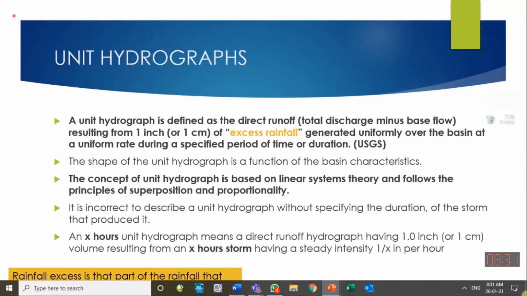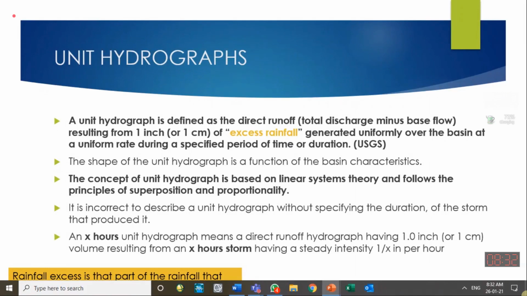This term effective rainfall is used by agriculture and irrigation people in another way. They say effective rainfall is that rainfall which occurs on the crop when the crop needs it, the water reaching the agricultural land when the land needs it. So the wording is the same, effective rainfall, but the meaning is different for different people.